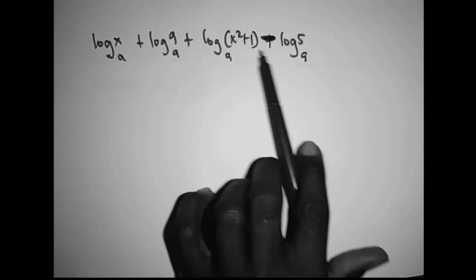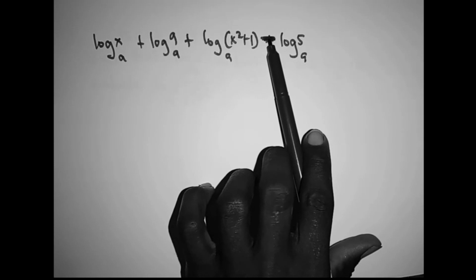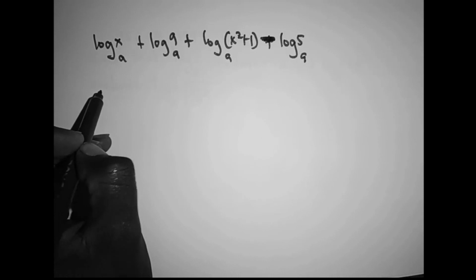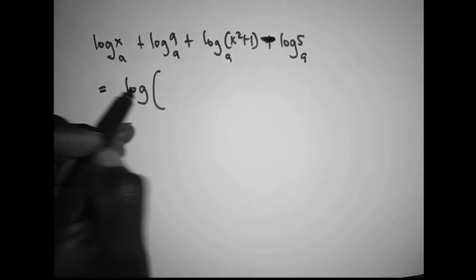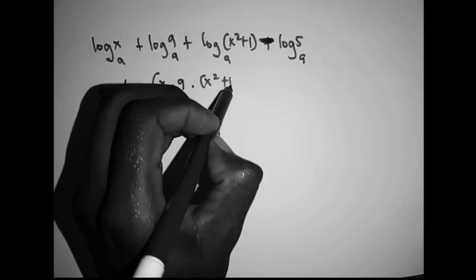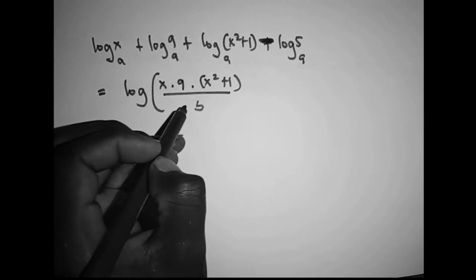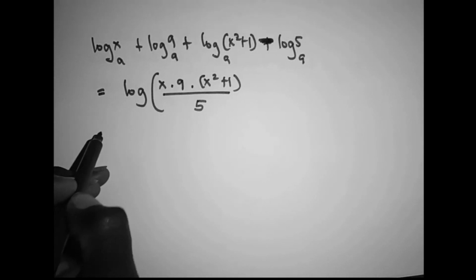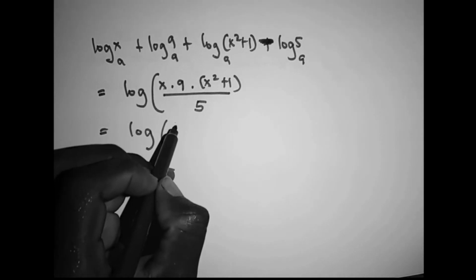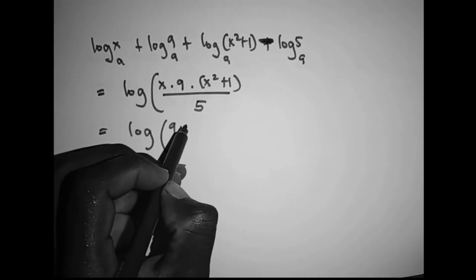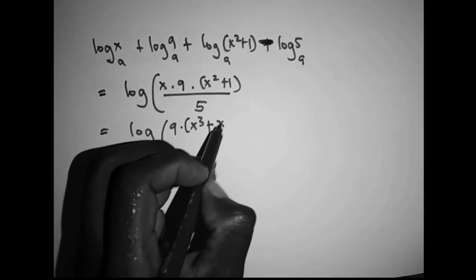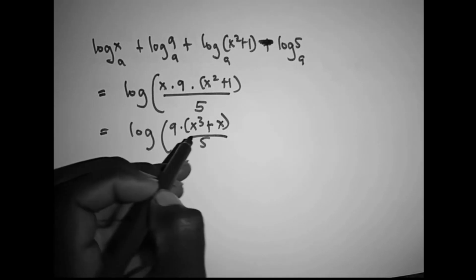And then since the sign here is minus, we'll divide by 5. So in writing this as a single log, it's going to be log into bracket x times 9 times x squared plus 1 divided by 5. So this is equal to log, x times x squared will give us x cubed, so 9 times x into bracket x cubed plus x times 1 is x, divided by 5.